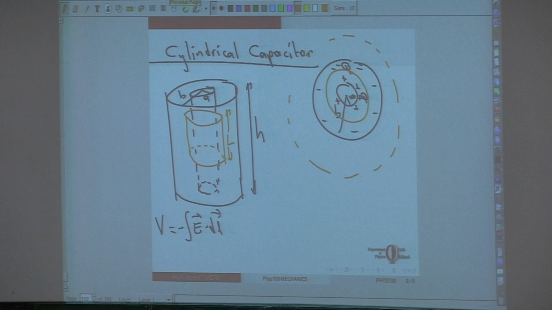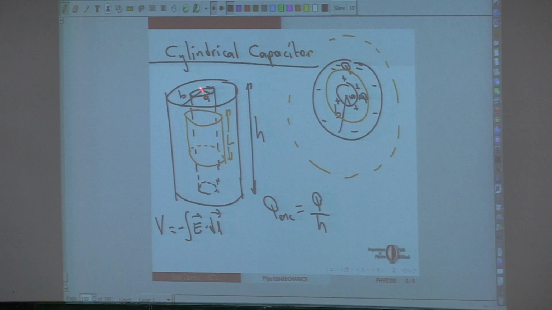So let's see, Q enclosed within this cylinder. Well, we have a total charge plus Q in the inner cylinder. We are assuming that it is uniformly distributed on the surface, so per unit length it is also uniform. So Q over H is the charge per unit length of this inner cylinder.